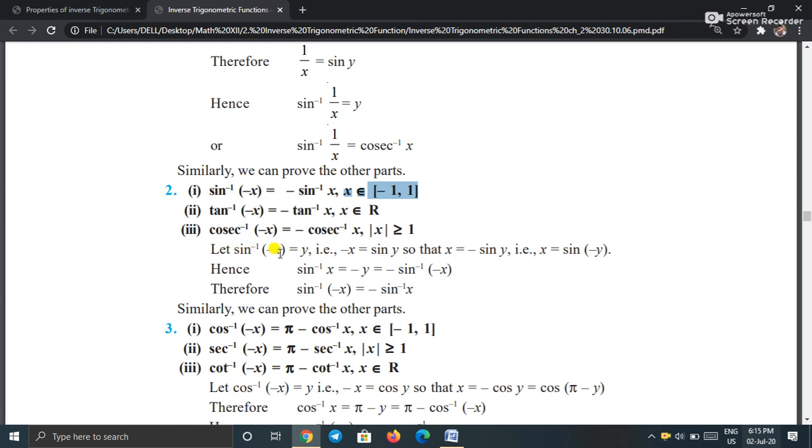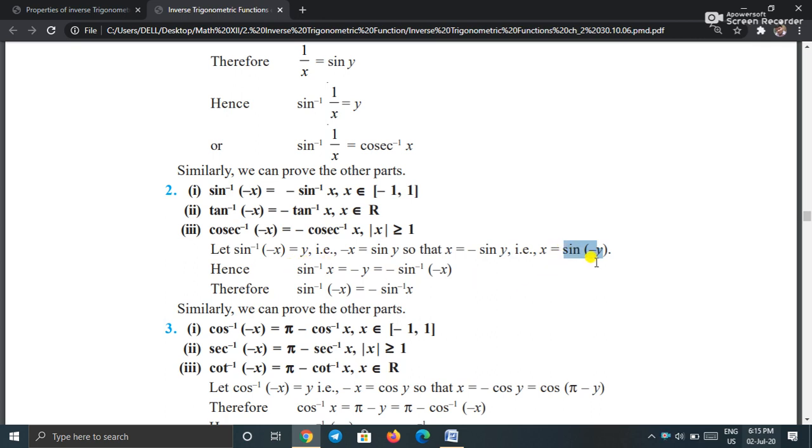Sin inverse minus x is equal to y, so minus x is equal to sin y. Similarly, using the property of inverse function, I will rewrite it as x is equal to minus sin y. And minus sin theta is also equal to sin of minus theta, so minus sin y is equal to sin minus y, right.